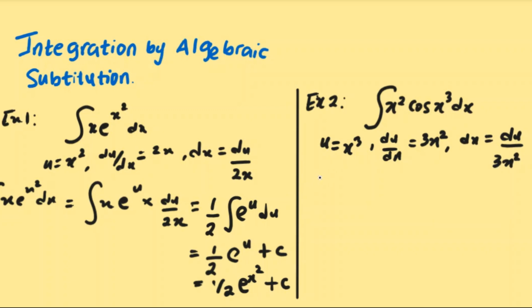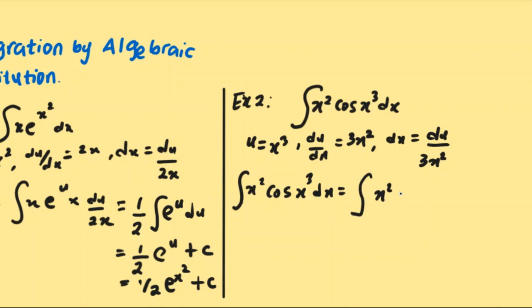So the integral of x squared cos x raised to power 3 will give us the integral of x squared cos u multiplied by dx. Our dx is now du divided by 3x squared.